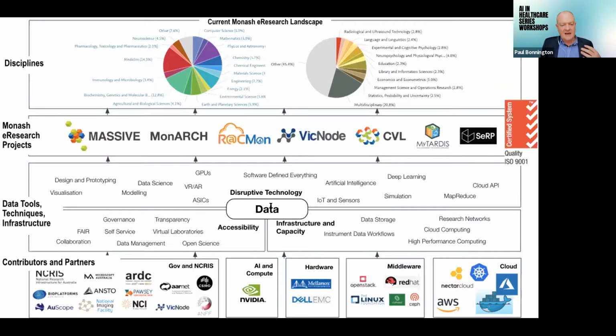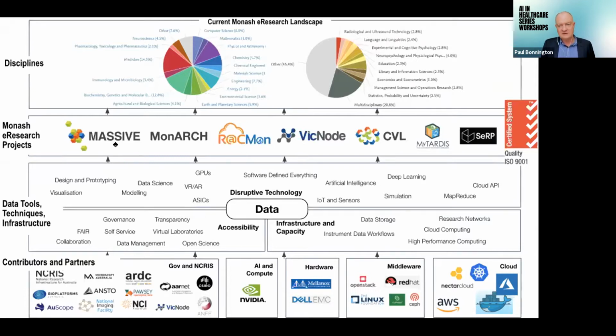And so our focus as an eResearch Centre over the past decade is how do we increase accessibility to that? What are the technologies that are going to disrupt how we deal with data? And then what is the infrastructure you've got to line up to make it work, to build your pipelines? That has led to what we do within an eResearch Centre being divided into projects.